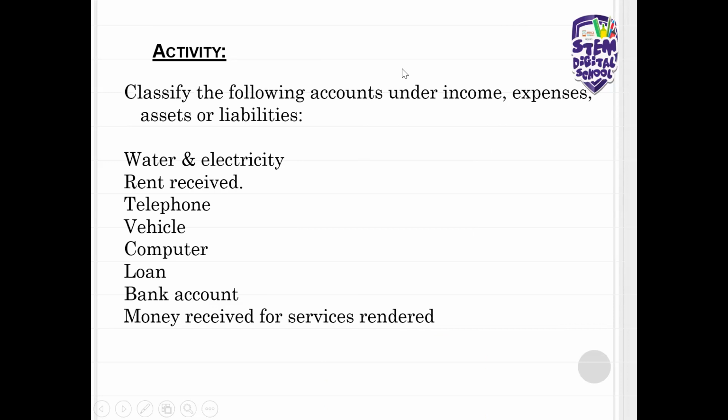Right, thank you. Angelina is quite participating today, hey? Water and electricity, yes, that's an expense. Let's see if somebody else can answer the next one. What is rent received? Thank you. Rent received is an income because you receive the money. Next one, telephone.